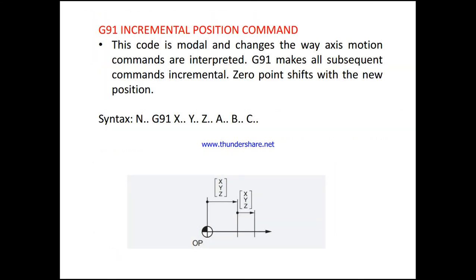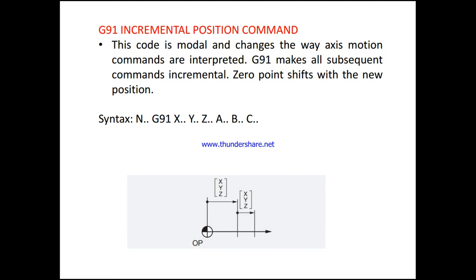The G91 incremental positioning command is modal and changes the way axis motion is interpreted. G91 makes all subsequent commands incremental, that is a 0 point shift with the new position. With respect to the 0 position, it goes on changing the points.